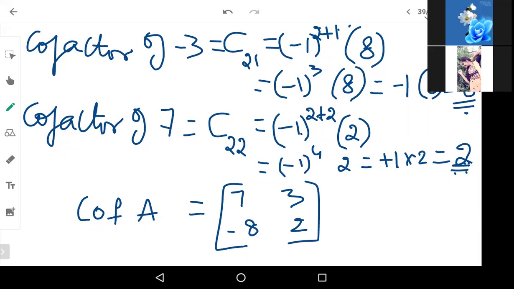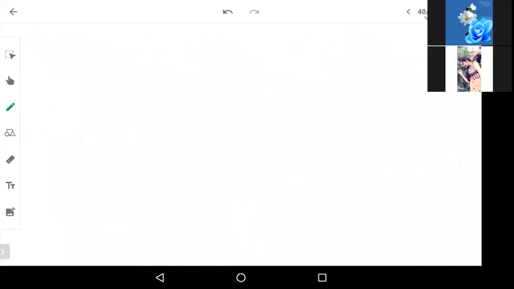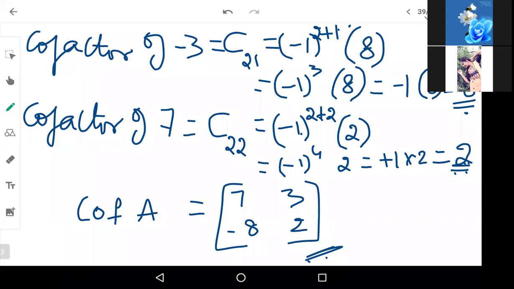Did you all get the same answer? The cofactor matrix? Yes or no?